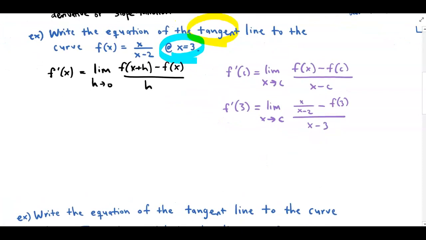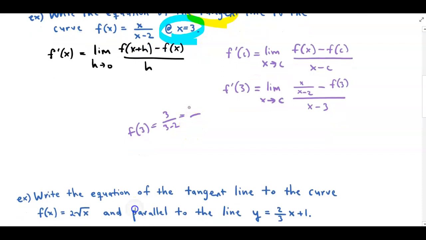So we know f of x is x over x minus 2. So f of 3, instead of x, it's 3 over 3 minus 2, which is 3 over 1. So we know the slope, we know the f value at 3 is 3. The f of 3. We know the y value at 3 is 3.